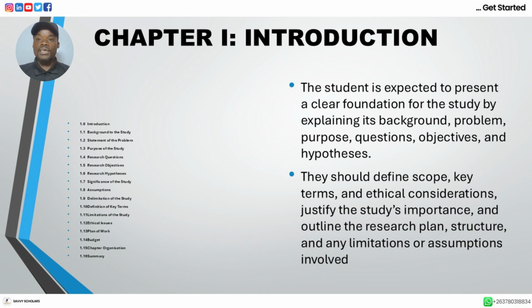You should define scope, key terms, and ethical considerations, then justify the study's importance and outline the research plan, the structure, and any limitations or assumptions involved. These are some of the issues you'll be talking about when introducing your project. One of the key things is the problem, the purpose, the questions, objectives, and the hypothesis.